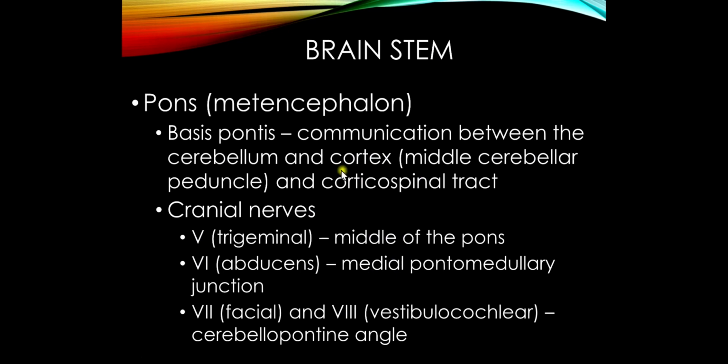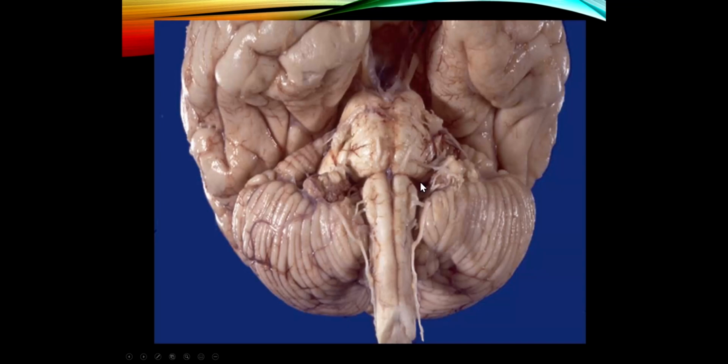Now the pons, remember, is part of the metencephalon, and it is a very large structure. The reason the pons has such a distinctive large appearance is that two massive pathways come together in the pons. The basis pontis consists of the middle cerebellar peduncle and the corticospinal tract.